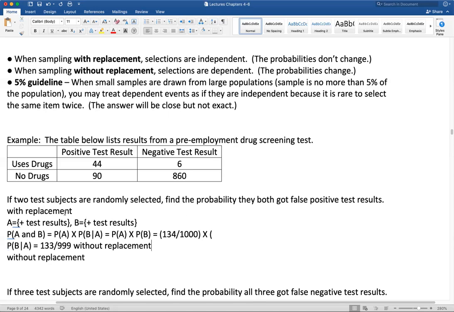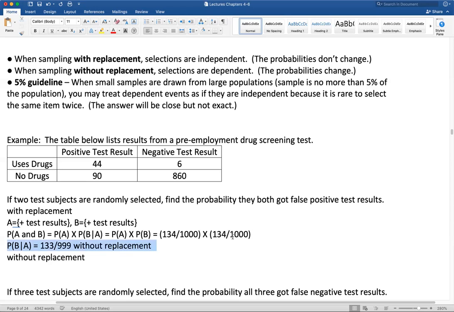But here, you see, with replacement, P of B given A is nothing but P of B, because once we pick the first screening test, look at the test result, and put it back, the probability that we choose a screening test showing a positive test result is going to be 134 over 1,000, even if event A already occurred.